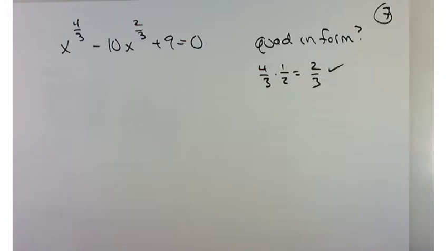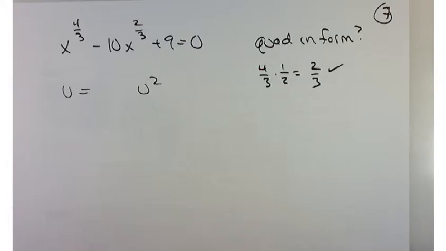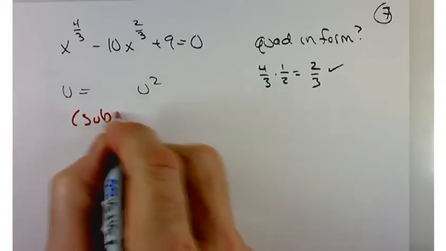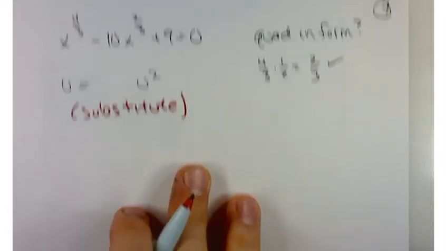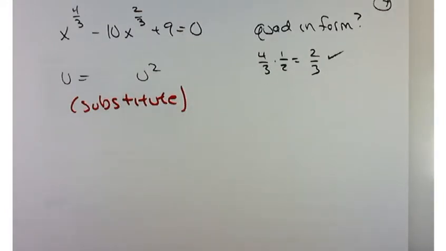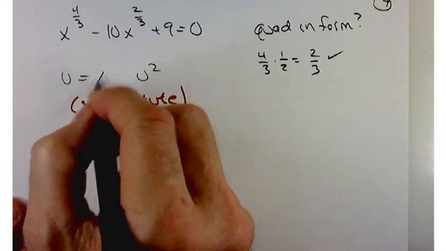So let's solve this by making our little substitution. I'll give you a moment to figure out what u should equal, and then u squared. And then we're going to substitute. Sean, what should I let u equal in this particular case?